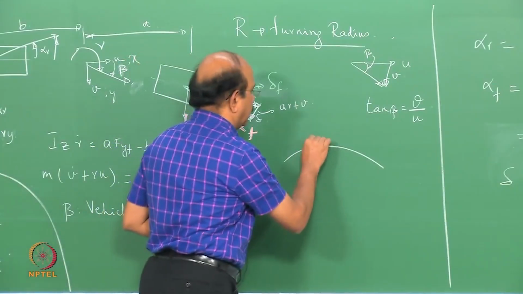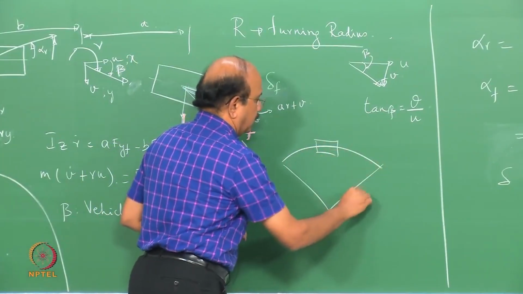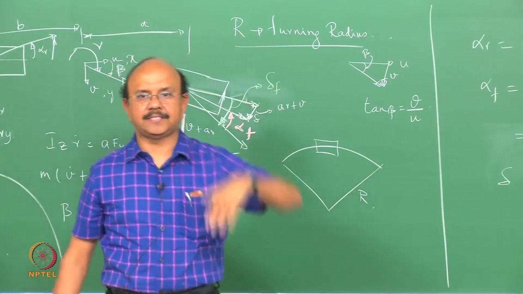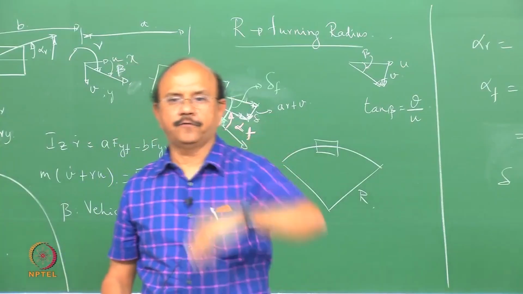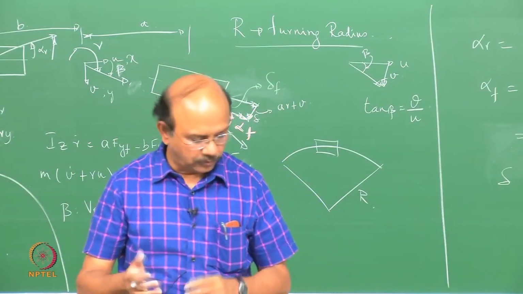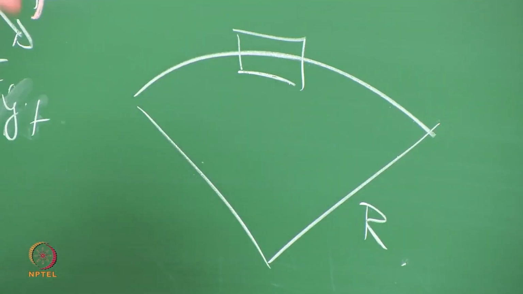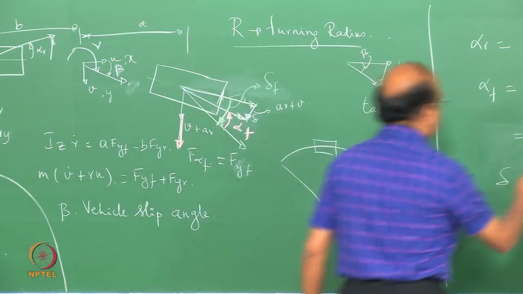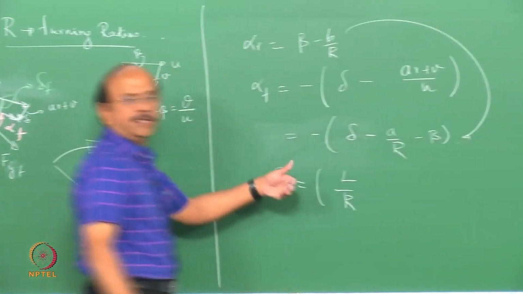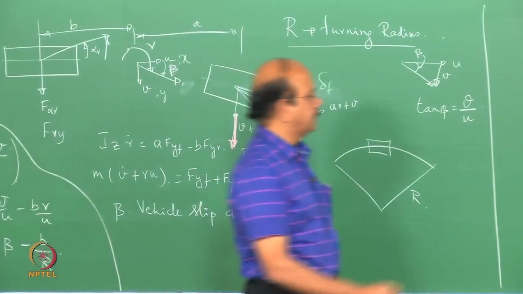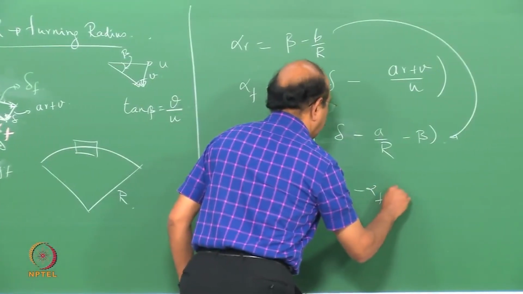So your vehicle is here, and the radius of your turn is equal to capital R. So rearranging the terms, this becomes L by R, because a plus b is equal to L, minus alpha F plus alpha R.